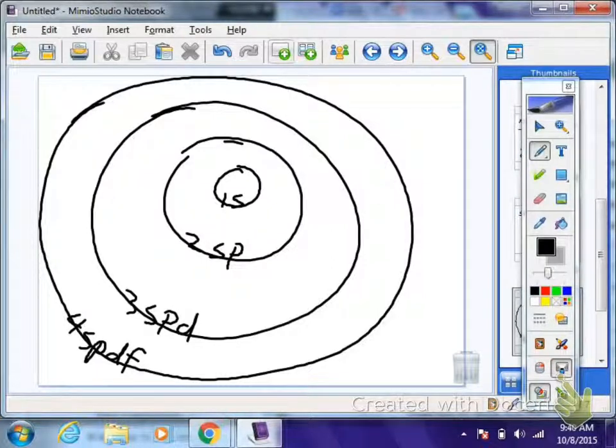Each of these subshells, we know how many they can hold. So how many electrons are in the first shell? 2. How about the second? 8. 6 and 2, 2 is 8. If you look across the second row and you count, there's 8. You go across the first period, there's 2. You go across the second period, there's 8. And then it kind of messes up after that. But you go across the fourth row, how many do you have? 18.